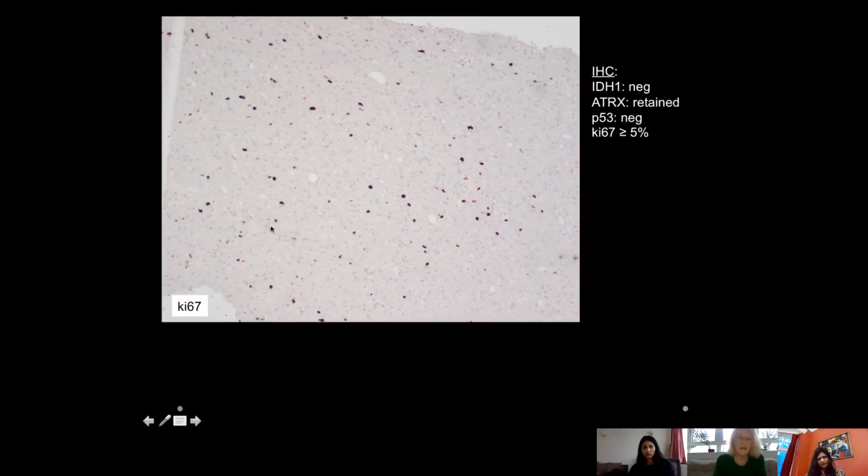And in immunohistochemistry, the only helpful marker here really was the Ki67, which showed quite an increase in the proliferating index, considering that this is mainly a background of brain tissue and just a small percentage of what are suspect neoplastic cells. And the tumor cells, or suspect tumor cells, were negative for IDH1, ATRX appeared retained, so not mutant, and P53 was negative.